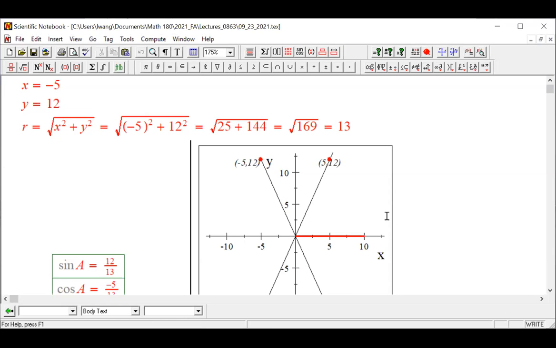So I wrote on my board, and I want to share it with you also. This is for x negative 5, y 12, r 13, and here I was writing for the other point you gave me, preparing the stage, as you said, in case anybody wants more practice.